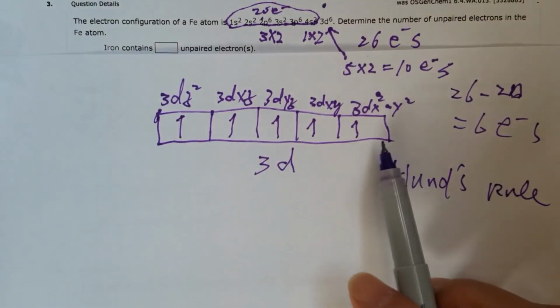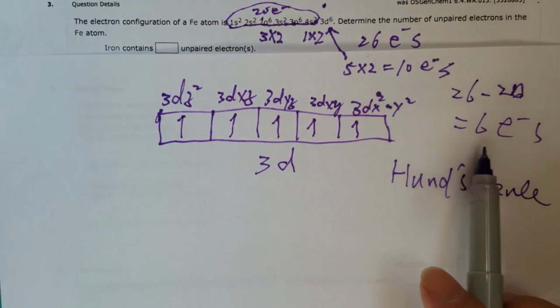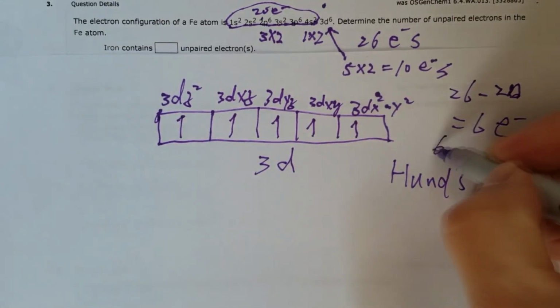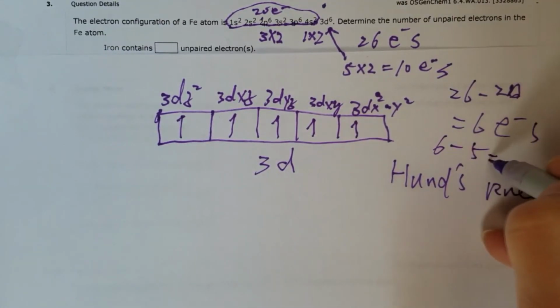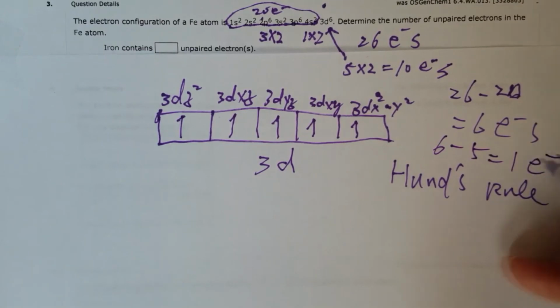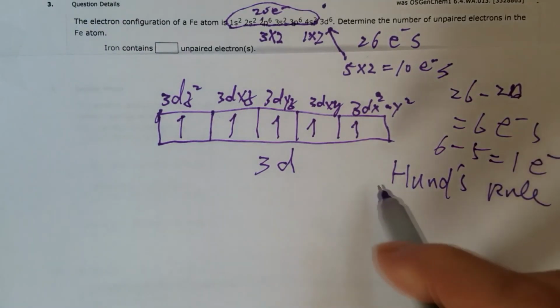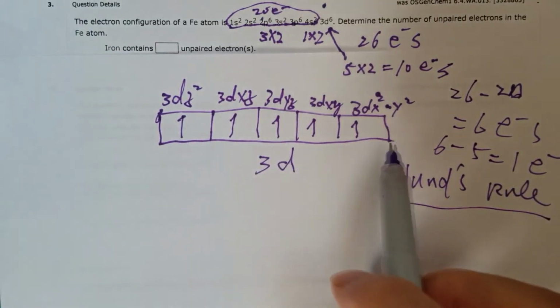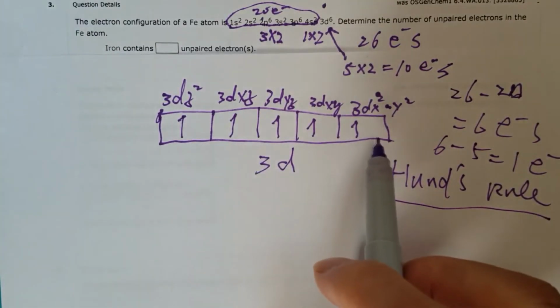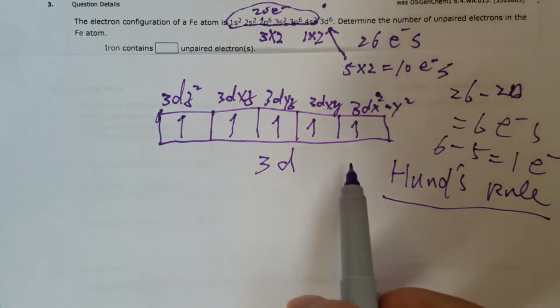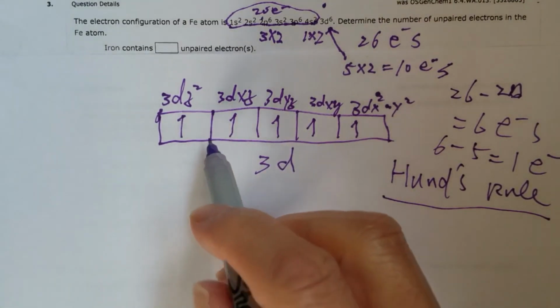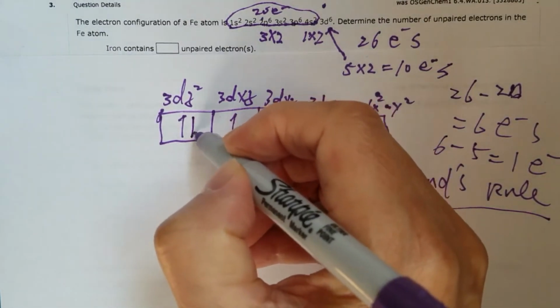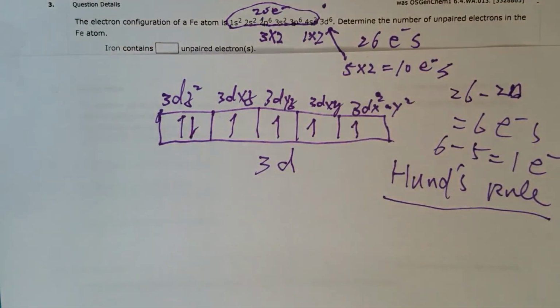Now we have already assigned 5, and we should have a total of 6. So 6 minus 5, we still have 1 electron remaining unassigned. Then we go back to Hund's rule. After they are all assigned singly with the same spin, we go back to the first one and pair the electron, but it has to have the opposite spin.